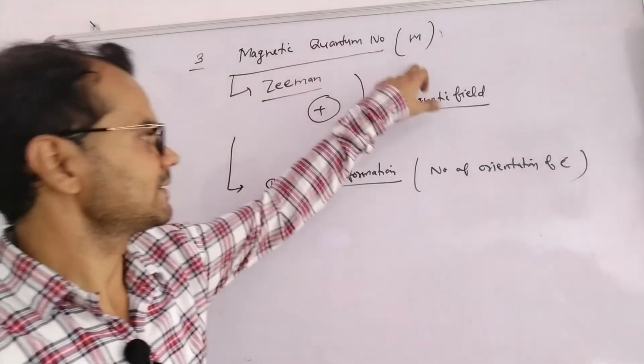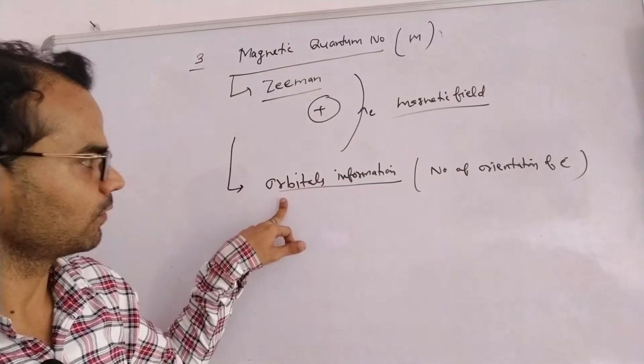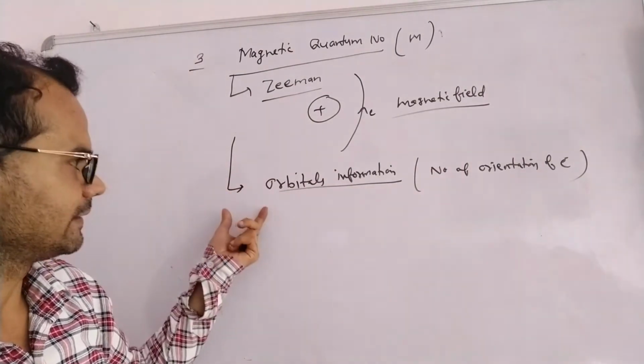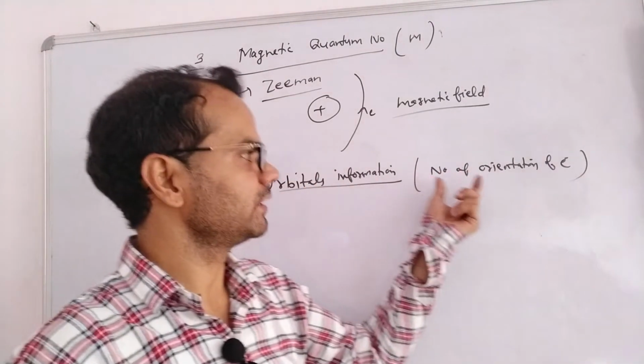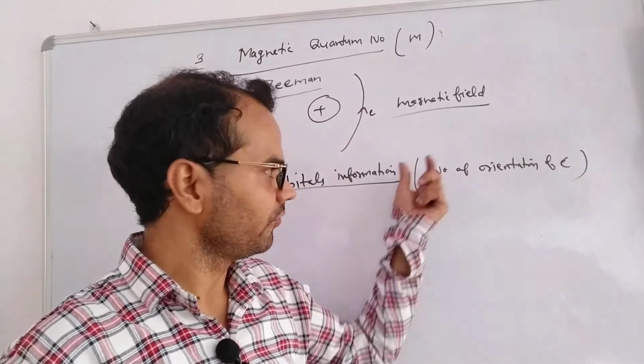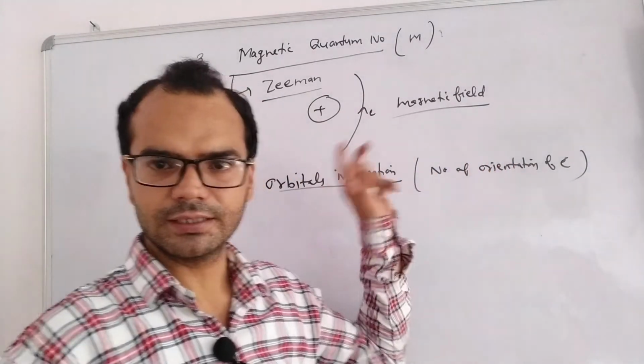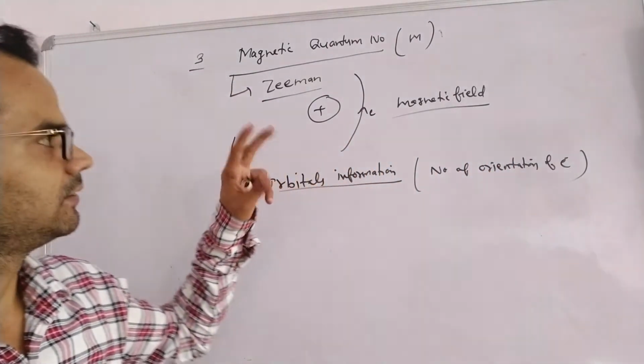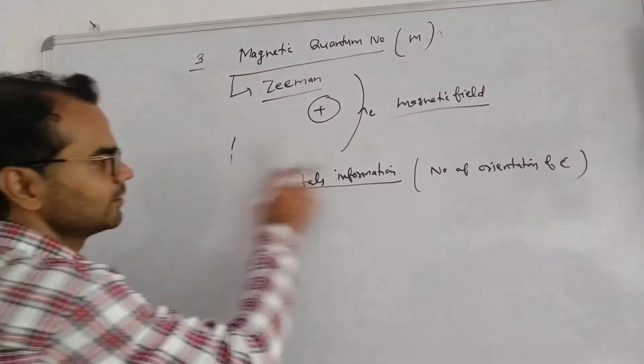So this m basically gives us the number of orbitals. The number of orbitals stands for the number of orientations of electrons. How many ways of orientation of electrons? Easy. So how to find this m?